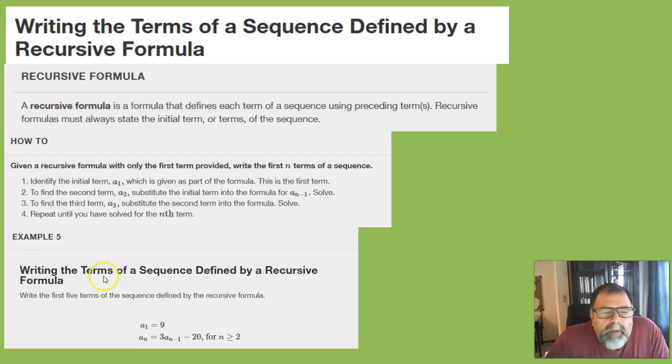All right, example 5, writing the terms of a sequence defined by a recursive formula. Write the first 5 terms of the sequence defined by the recursive formula. Again, we start out with, they have to tell us what the first term is, the initial term. And then they're saying that to get the nth term, you take 3 times this a sub n minus 1, you read it as the term before it, and then subtract 20.